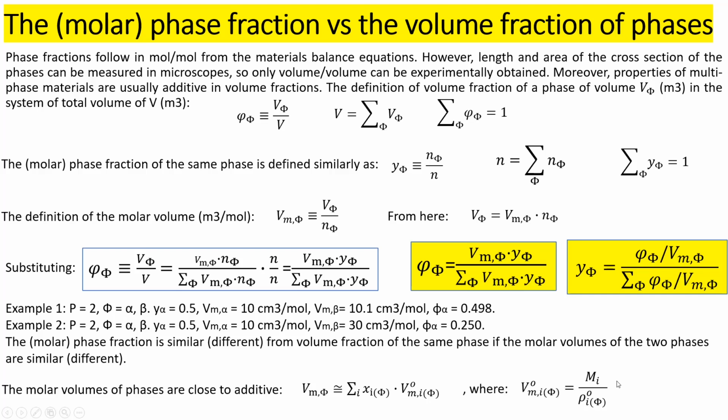But this I also showed before: it is nothing else than the ratio between the molar mass of that component and the density of that component in that phase when this phase contains only component I. You know, the density is really the easiest physical quantity you can measure for any phase. For that you need to measure only the mass of the phase and the volume of the phase, you divide the two, and you get gram per cubic centimeter.